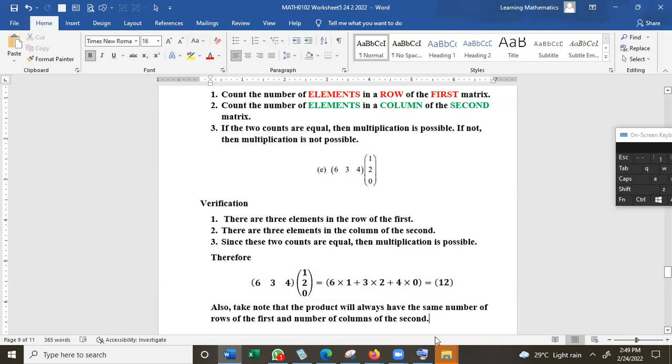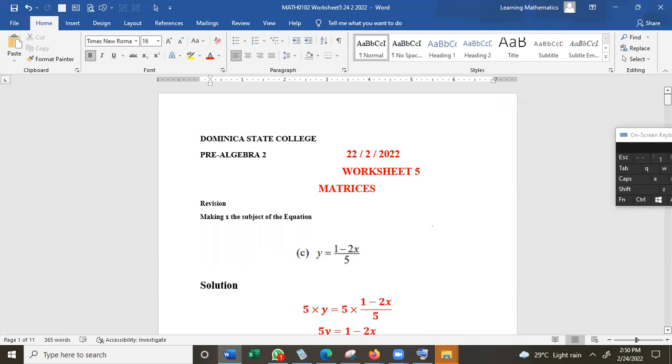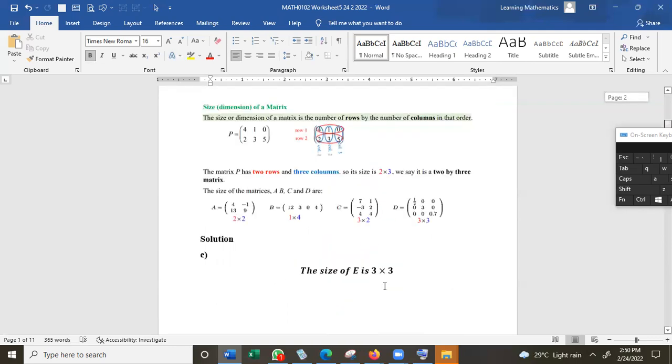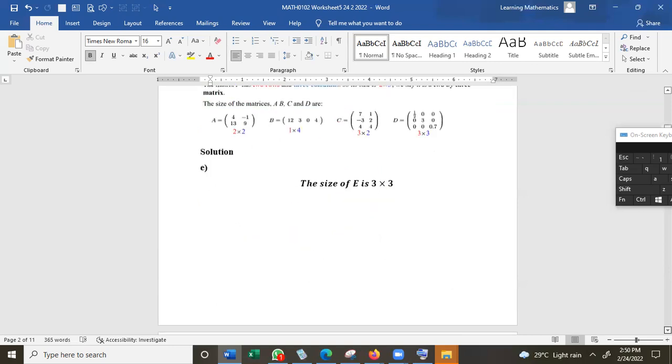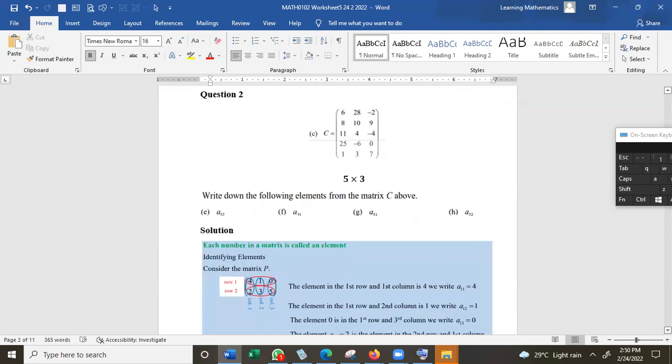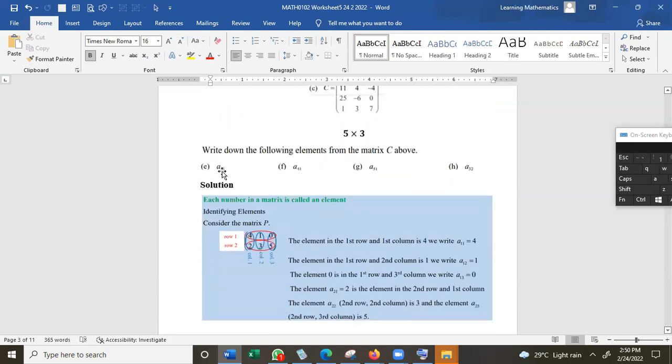So it's always row by column. To identify the size of a matrix, it's row by column: a 2 by 3, a 2 by 2, a 1 by 4, 1 row, 4 columns. When you want to identify the position of an element, those 2 numbers below in the subscript, the first number is the row, the second number is the column, in that order.